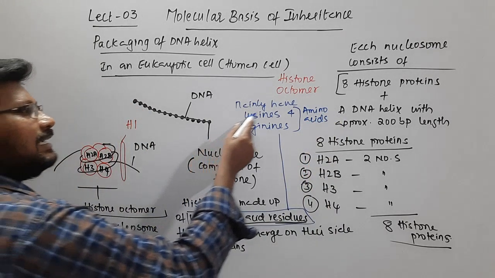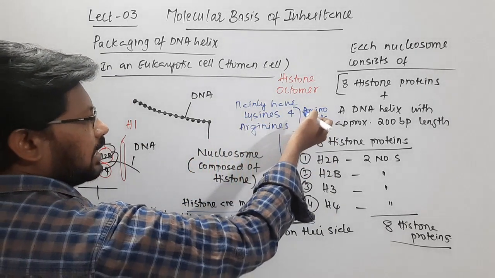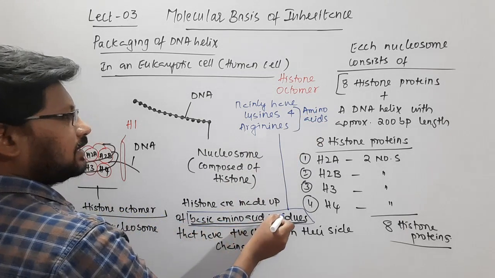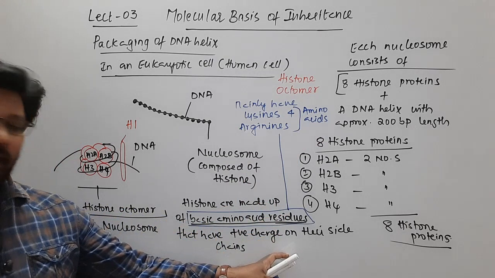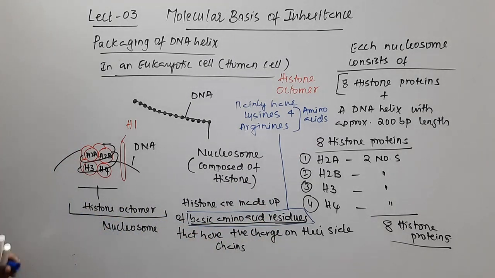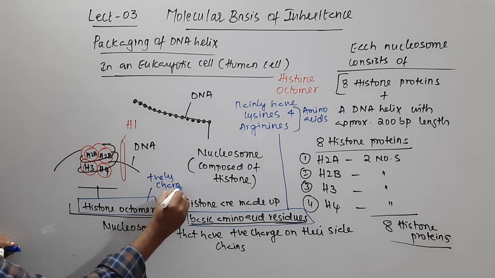They are basic amino acid residues and they have positive charge on their side chain. With this we understood that this histone octamer is positively charged.